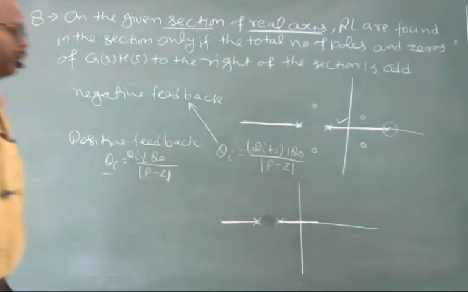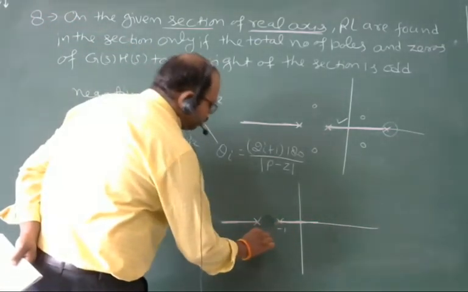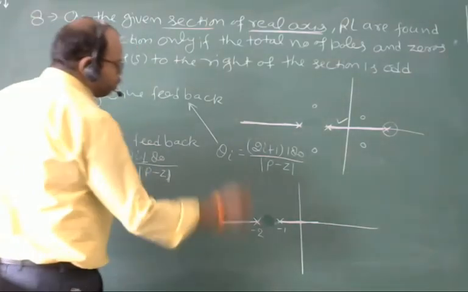Then what will be its function if this is minus 1 and this is minus 2? What will be the open loop transfer function for this type of root locus?